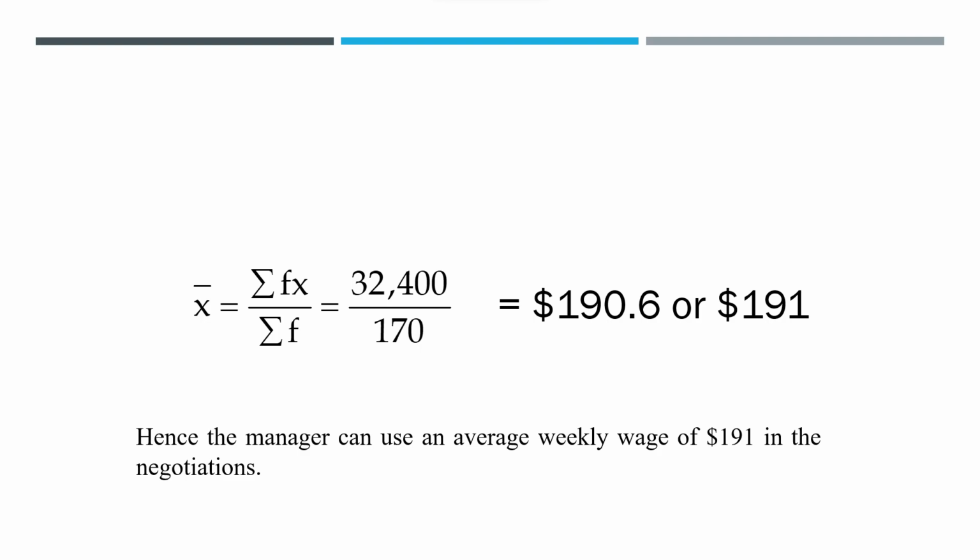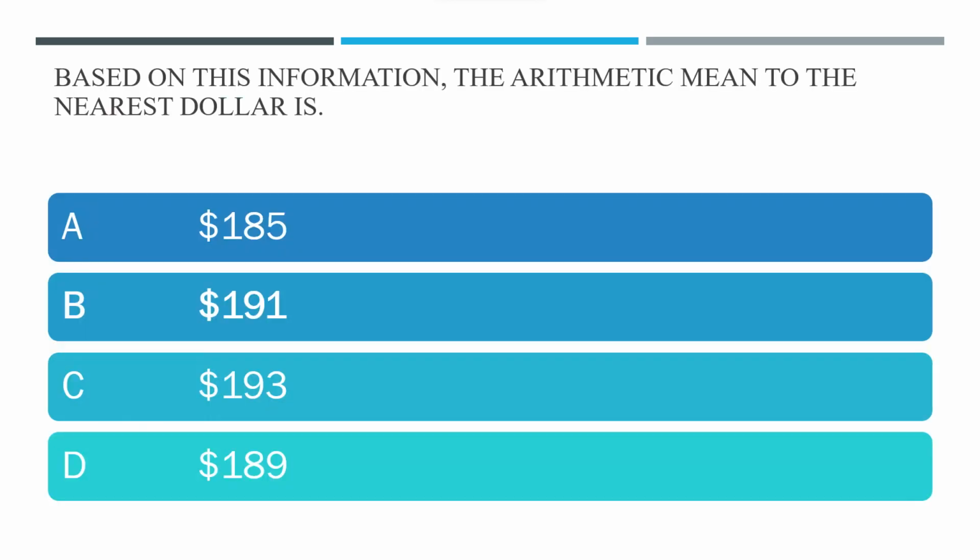When we divide 32,400 by 170, we get a value of approximately 190.60. To the nearest dollar, this would be $191. Hence, the manager can use an average weekly wage of $191 in the negotiations. So the correct answer is option B, that is $191.